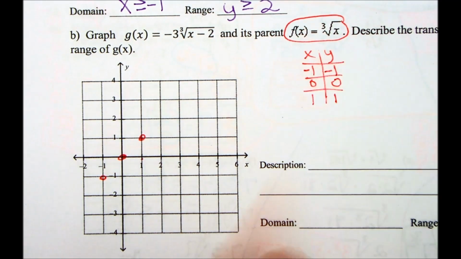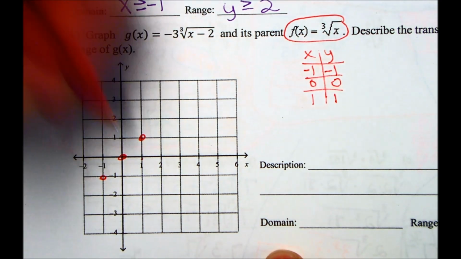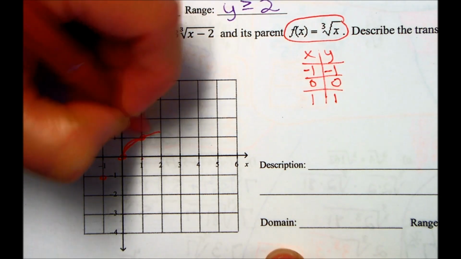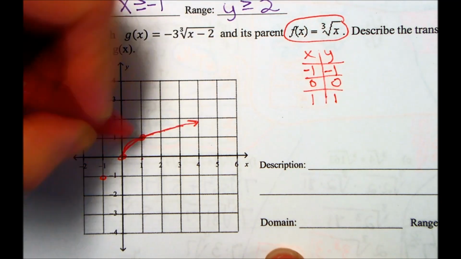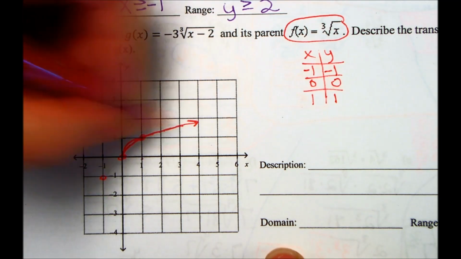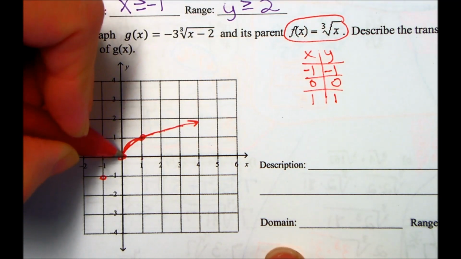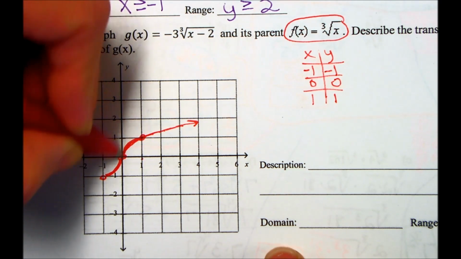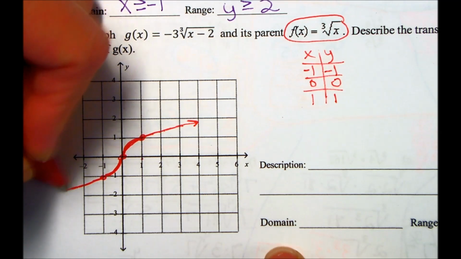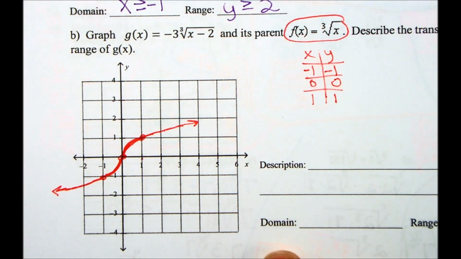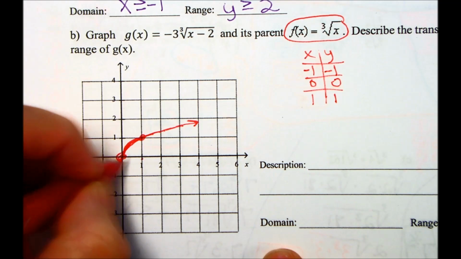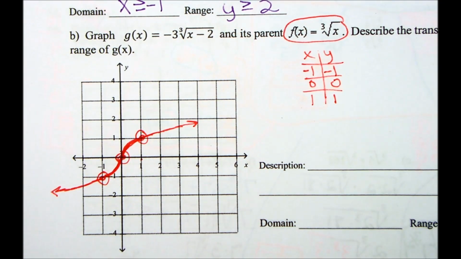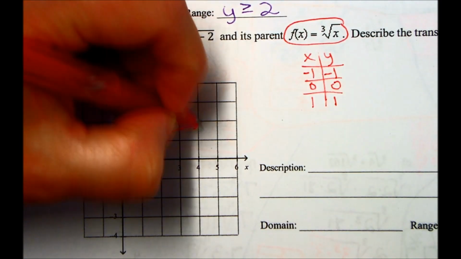But because it's a cubed root, it's not going to have the same shape as a straight line. It's going to have an S curve in it. So it's going to kind of go up and then over, and it's going to keep increasing slowly as it goes to the right. And then on the opposite side, it's going to go down, again, kind of like an S curve, and it's going to slowly be going down to the left. But these 3 points are the ones we want to focus on. Those are what we're starting with. All right, so that's our parent.